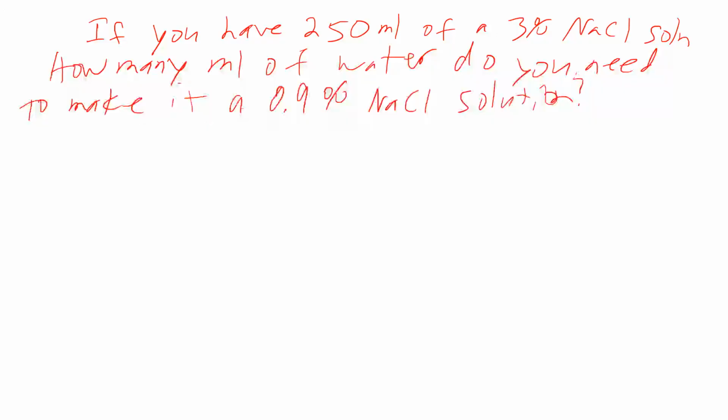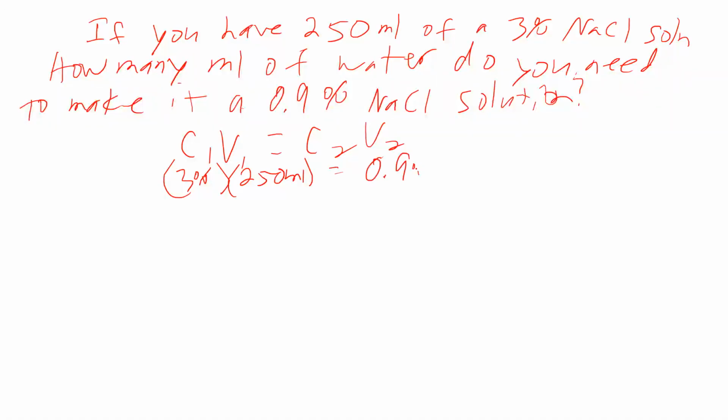Okay, so we do again the C1V1 equals C2V2. Let's see, so there's 250 mils of a 3%. And then the final concentration is the 0.9%. And we know that V2 is the amount of the 0.9%.